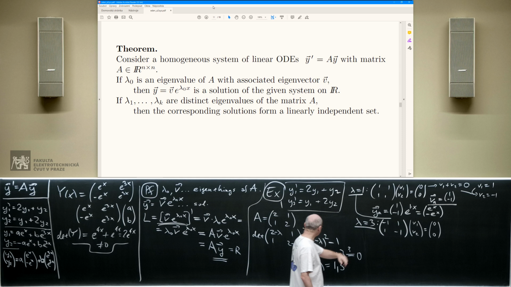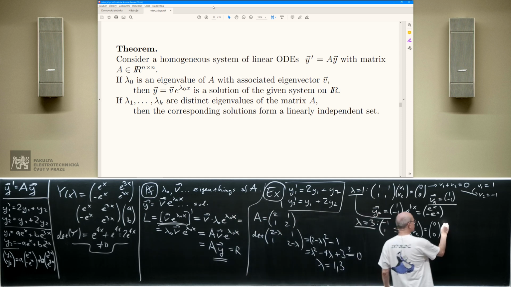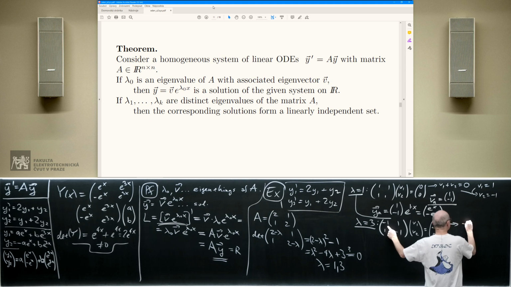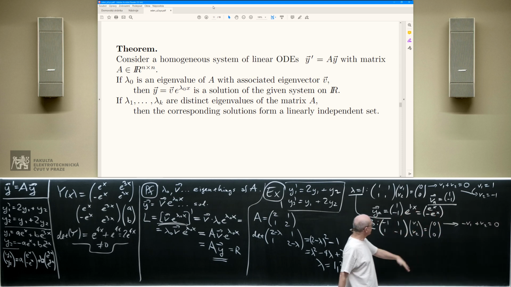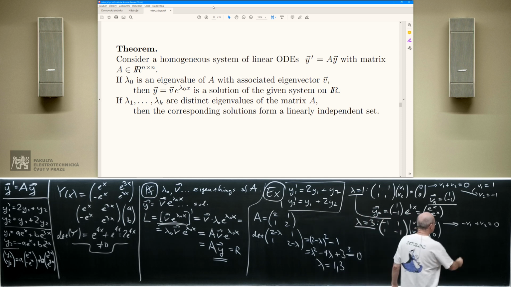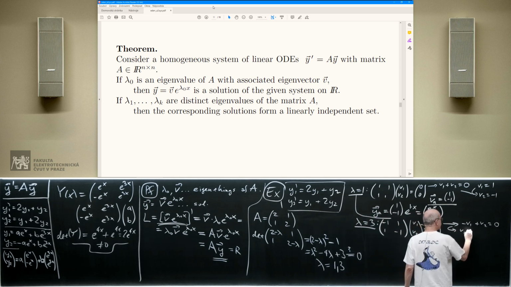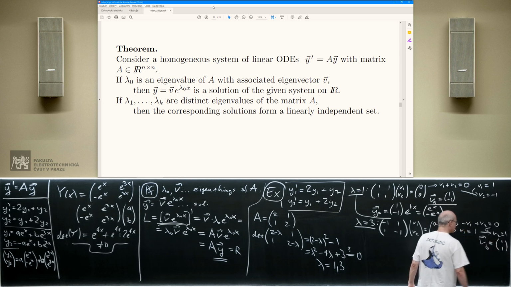Experienced solver would just look at the first row and use it to deduce the equation. Minus V1 plus V2 is 0. Or if you want, you can use the second row. Perhaps it would be a little bit nicer. Anyway, I can choose V1 to be, let's say, 1, and then from the equation V2 is also 1. And the second eigenvector for the second eigenvalue is 1, 1.